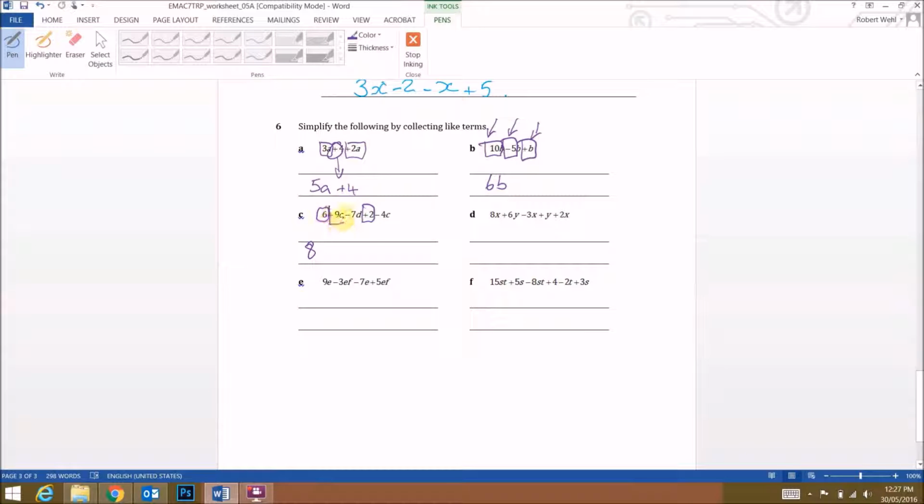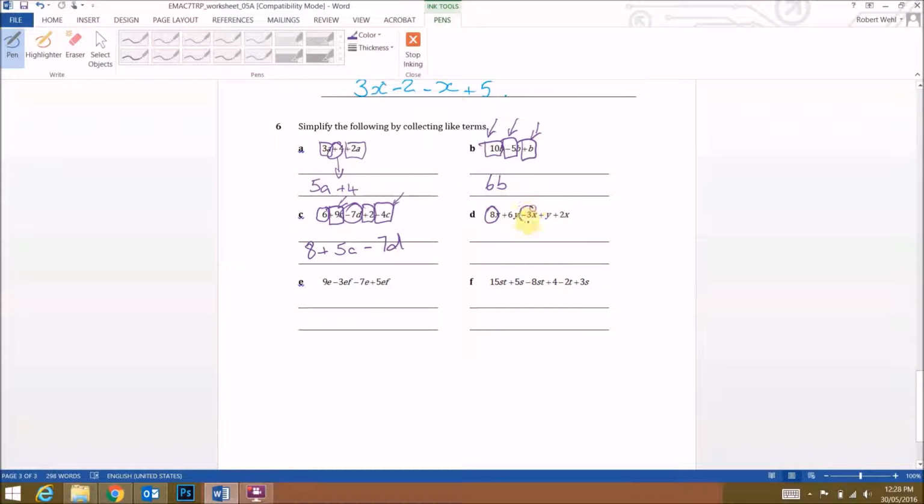Now I'll start with my C's. So I've got plus 9C and minus 4C. Once I put them together, I'm left with plus 5C. Because if I've got plus 9C and minus 4C, the difference there is plus 5C. Then I've got minus 7D, and that stays the same.